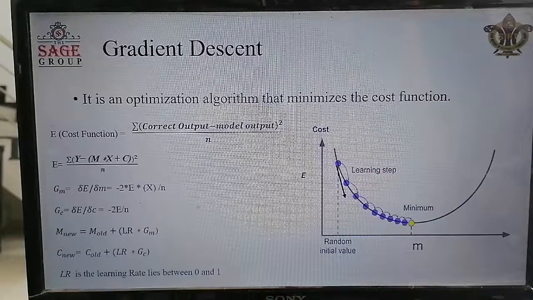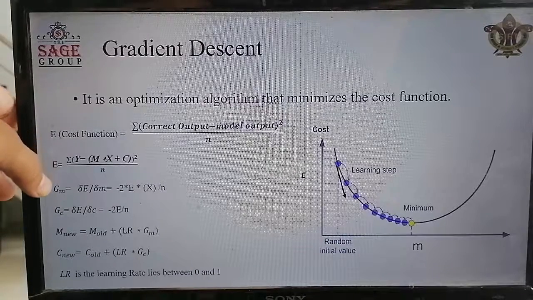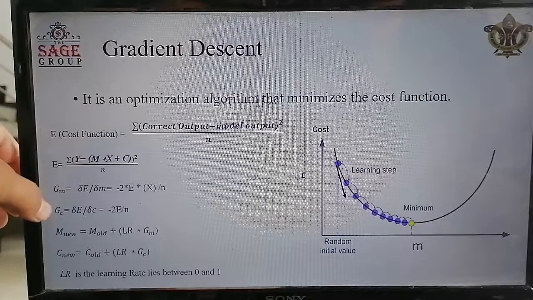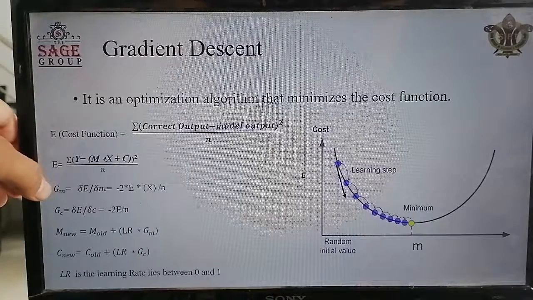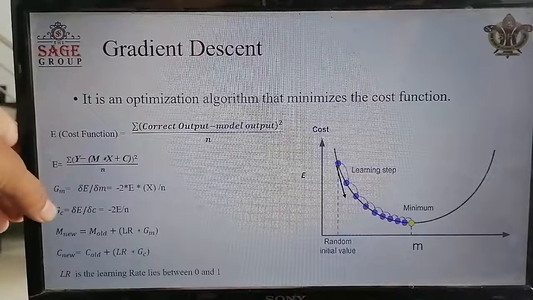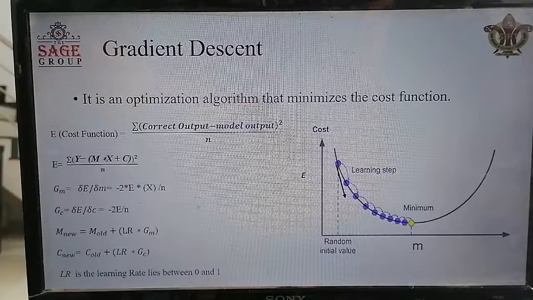Here I have differentiated the cost function with respect to the model parameters m and c. m is the slope and c is the intercept. Then gm is the derivative of the cost function E with respect to m, and gc is the derivative of the cost function with respect to the intercept.